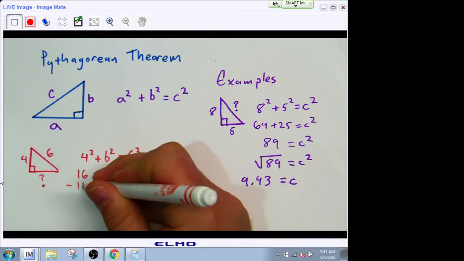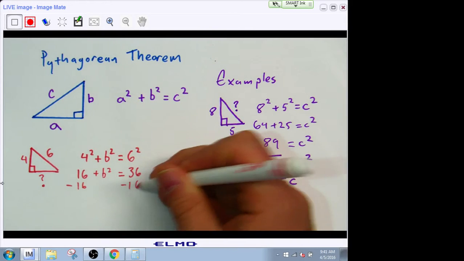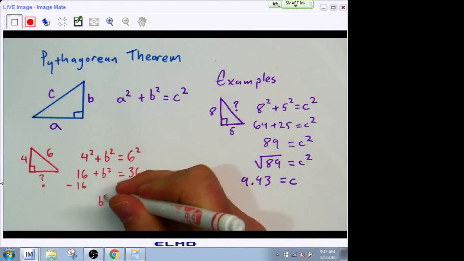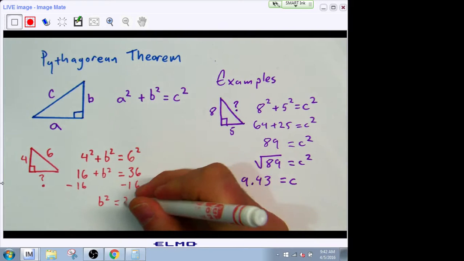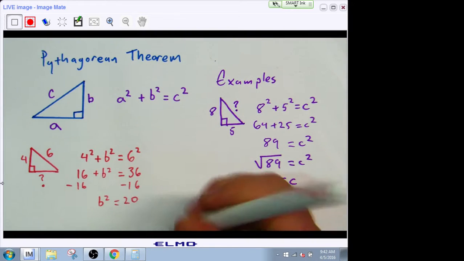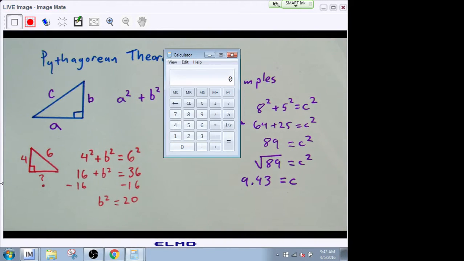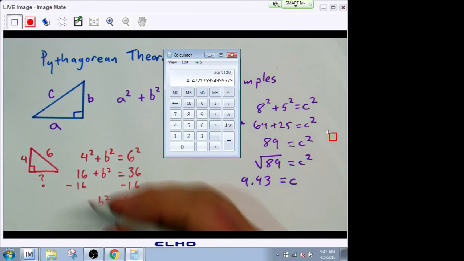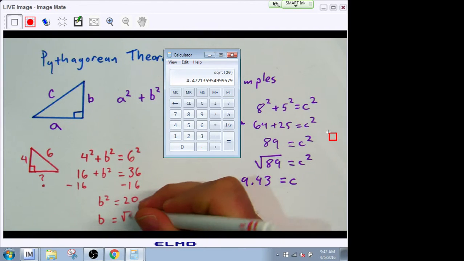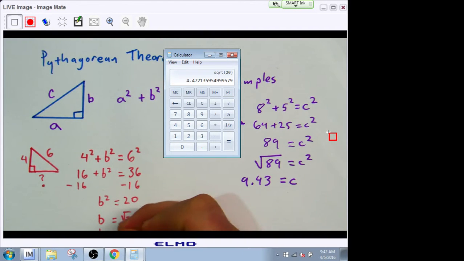I can subtract 16 from both sides. So that B squared is 20. When I take 20 and square root it, I get 4.47. So B is the square root of 20, or B is 4.47. Approximately. Okay.